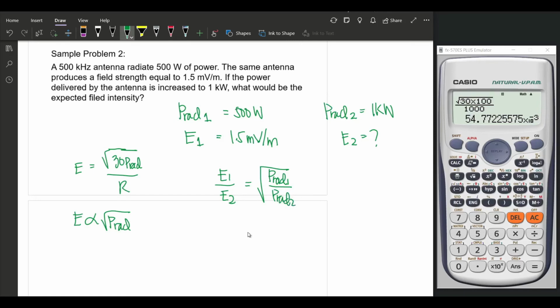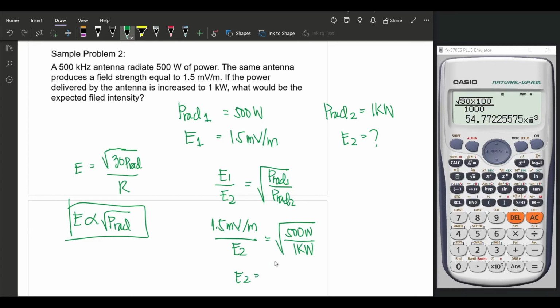Ayan, so ganyan gumawa ng relation using this relationship. So, ratio and proportion lang. Okay, so what is the field strength 1? So that is 1.5. So hinahanap to. So P rad 1 is 500. Then P rad 2 is 1 kilowatt. So E2, ito transpose mo lang doon.